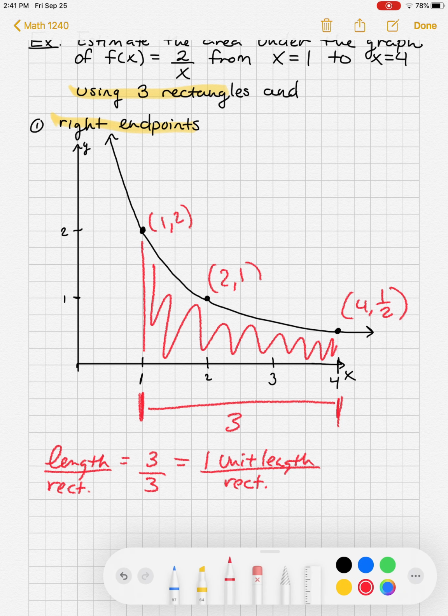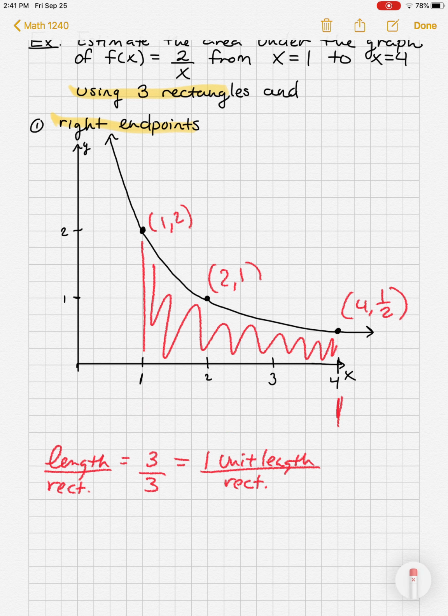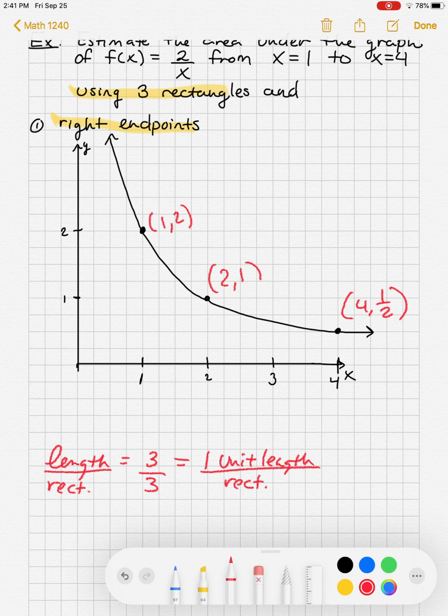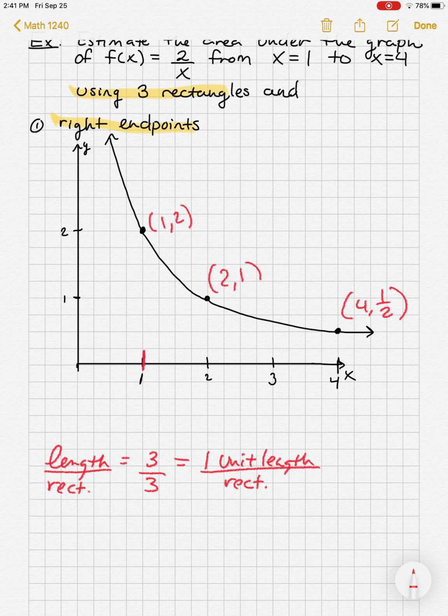Okay, so then I want right endpoints. Looking in this region that I'm interested in, between 1 and 4, each of my rectangles has a length of 1 unit. I can see my 3 rectangles in here.